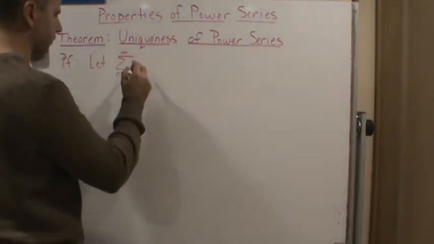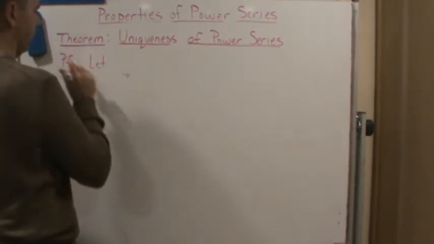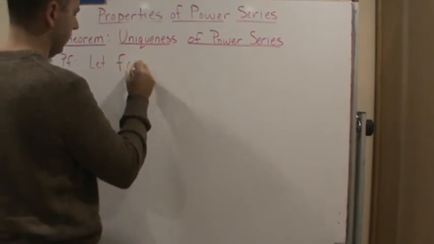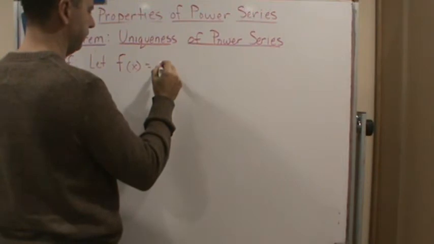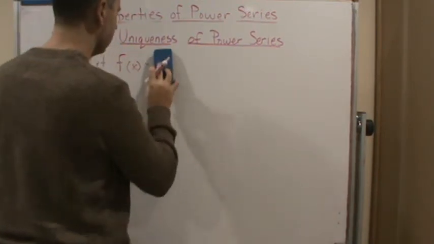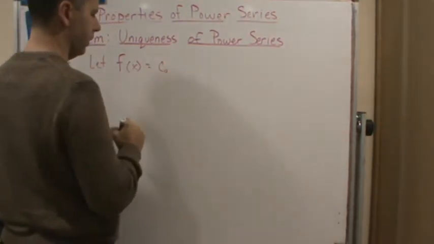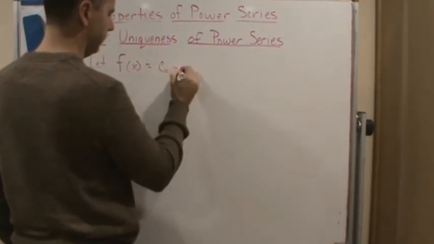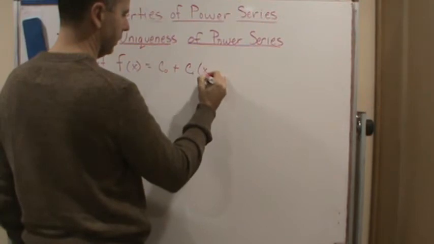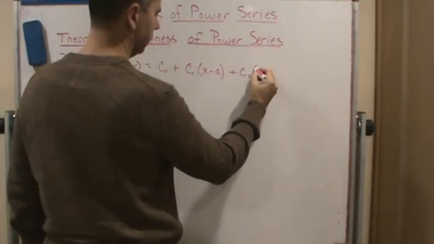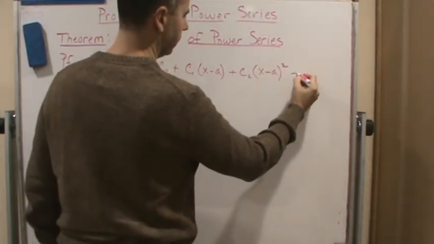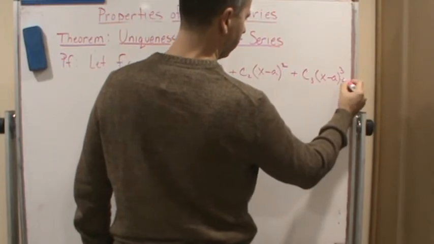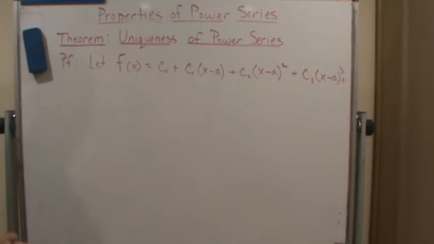Let f of x equal c sub 0 plus c1 times x minus a plus c2 times x minus a squared plus, and it just keeps going like that.